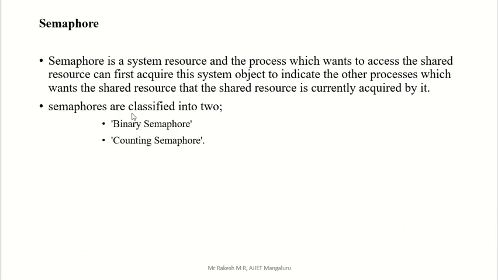In the previous slide we saw binary and counting semaphores. A binary semaphore has no range of values, just 1 and 0, either 1 or 0, only two values. But in a counting semaphore there is a range of values, from minus infinity to plus infinity.